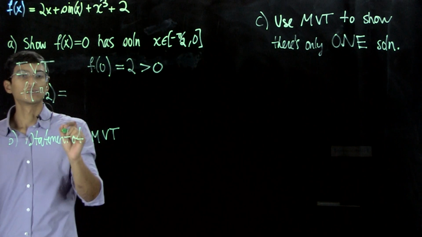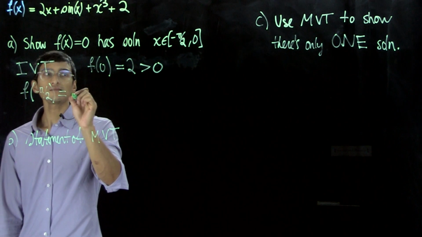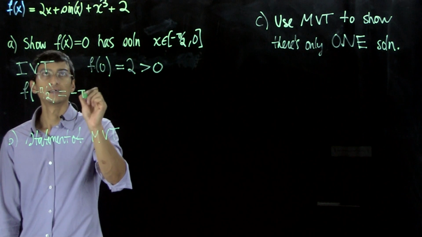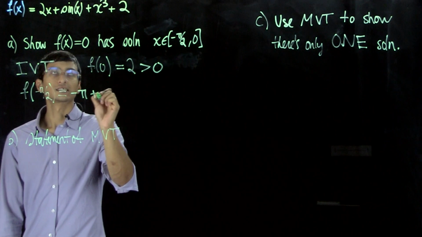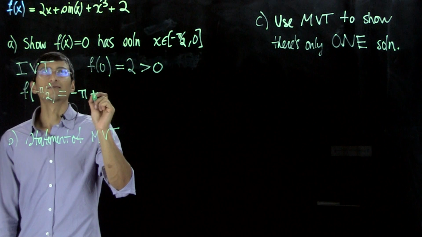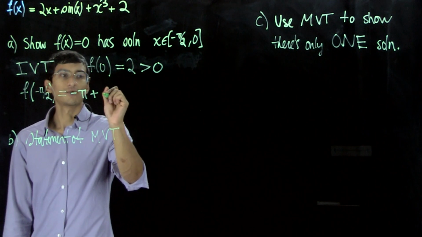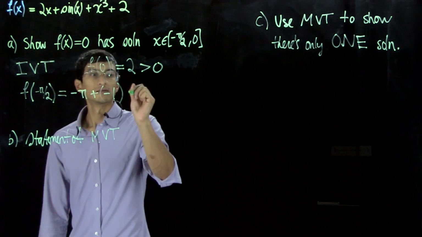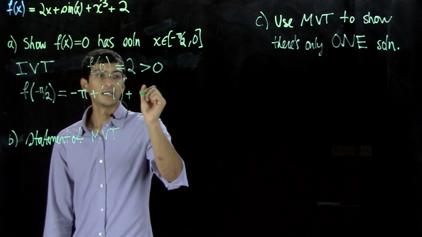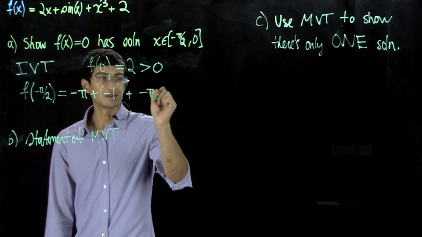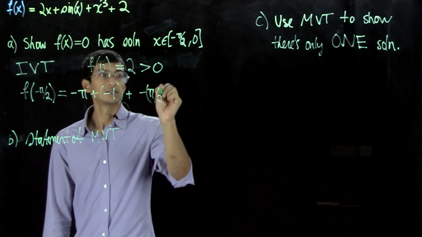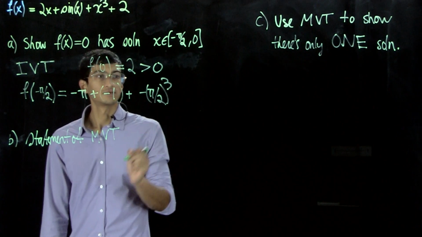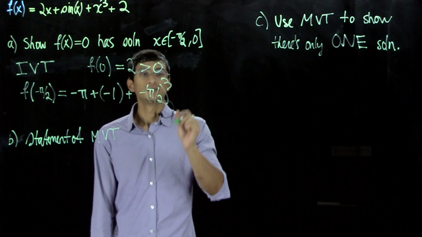So that equals negative pi plus sine of negative pi over 2, which is negative 1, plus negative pi over 2 cubed, plus 2.